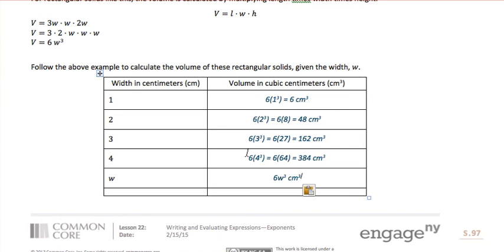I used parentheses in the other cases because I knew that I had to multiply. In this case, I know that I have to multiply because it is a variable, but the exponent of the 3 applies only to the number directly in front of it. It does not apply to the 6. So this is the correct way to write it.